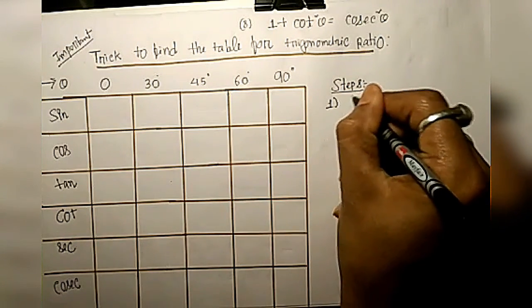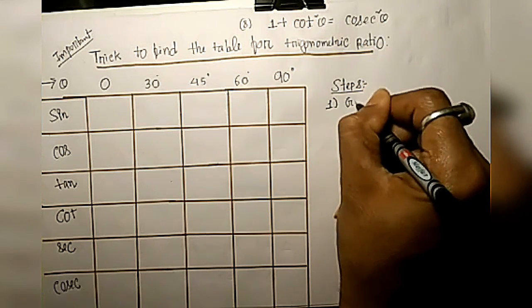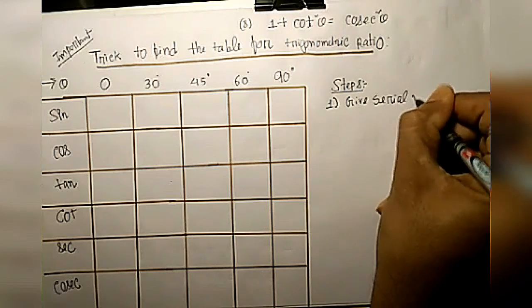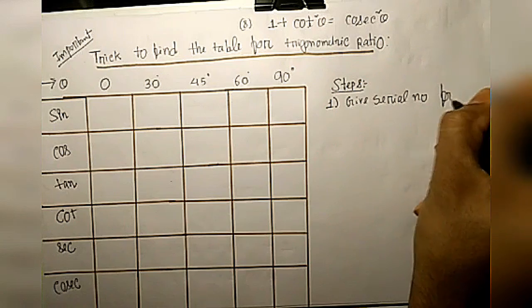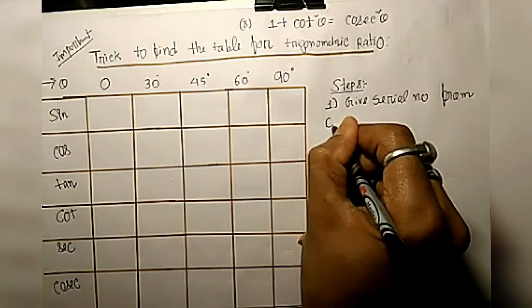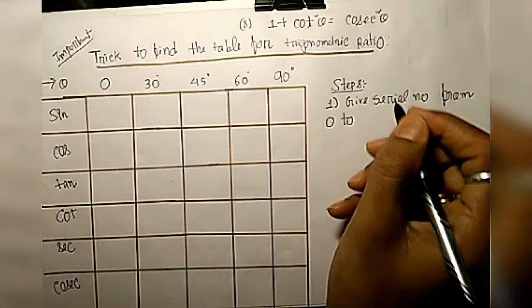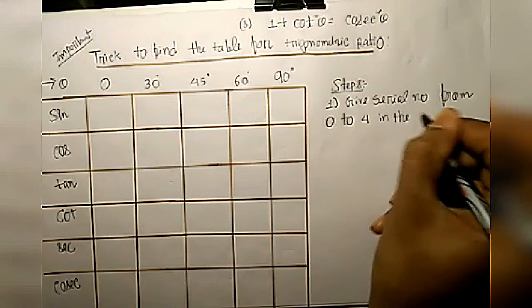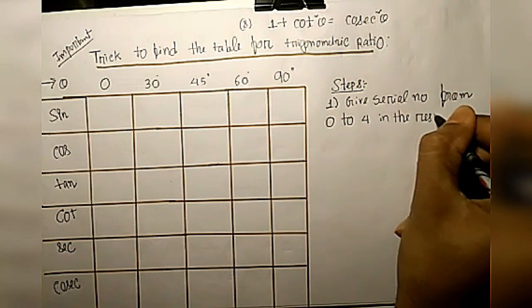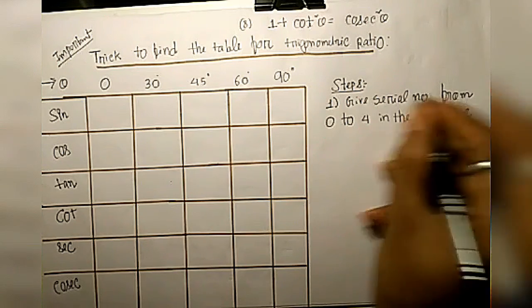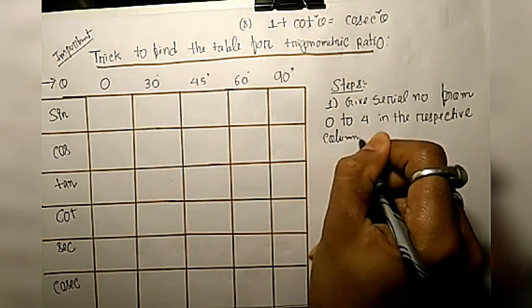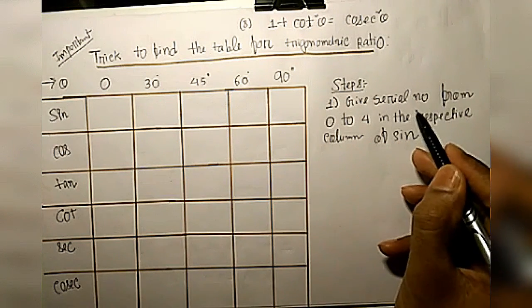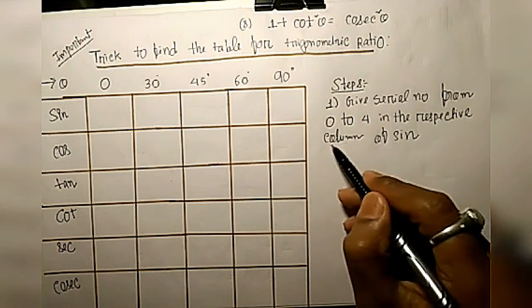So step number 1: give serial numbers from 0 to 4 in the respective column of sine.